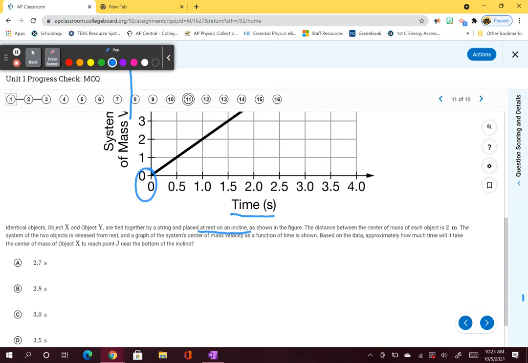So a distance between the center of mass of each object is 2 meters. The system of the object is released from rest, and the graph of the system's center of mass velocity as a function of time is shown. Based on the data, approximate how much time will it take the center of mass of object X to reach J near the bottom of the incline.